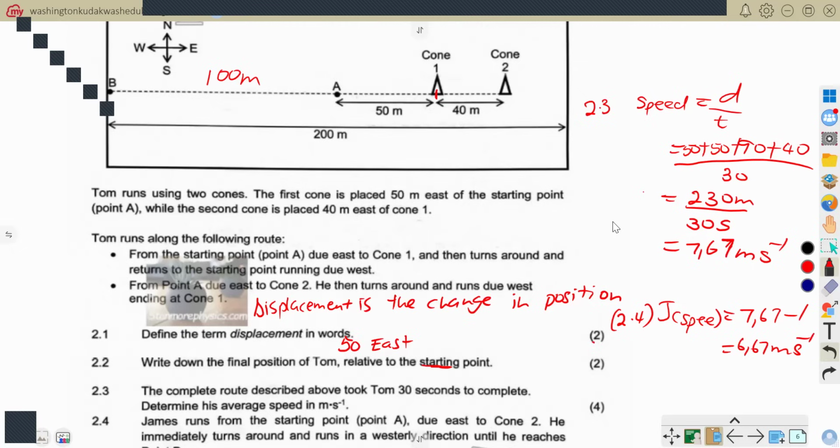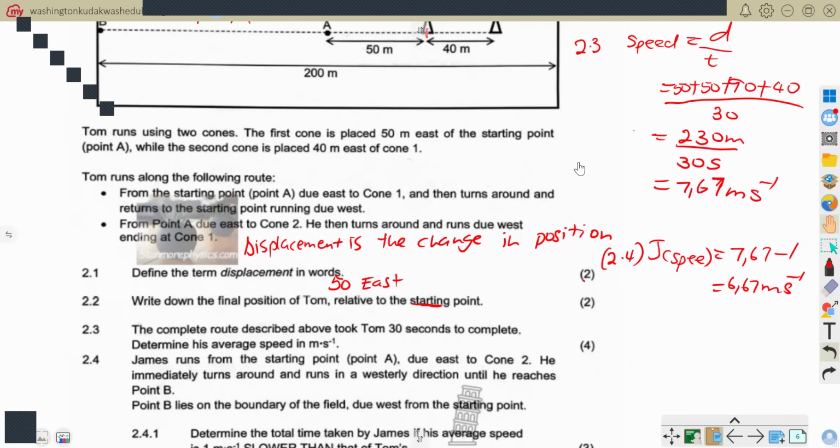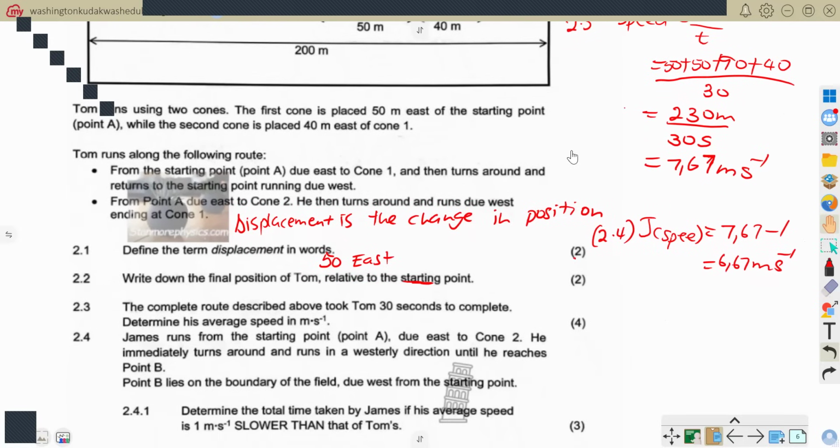So now let's calculate the time taken for James. I'm going to create some space there. The speed of James is equal to the distance divided by the time taken.